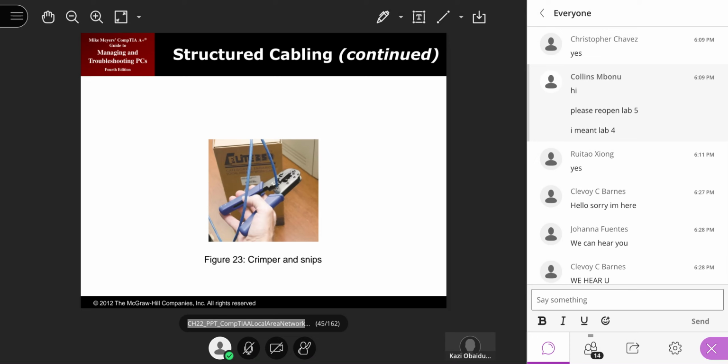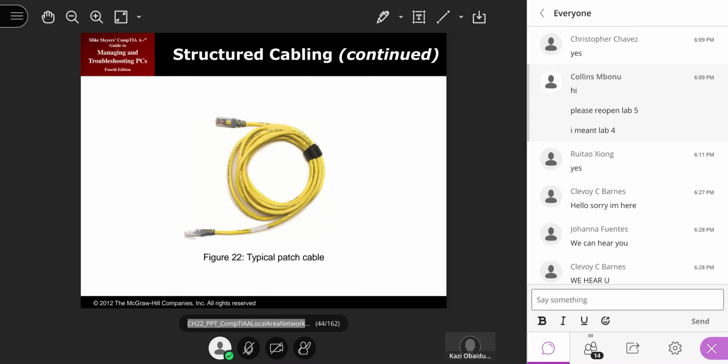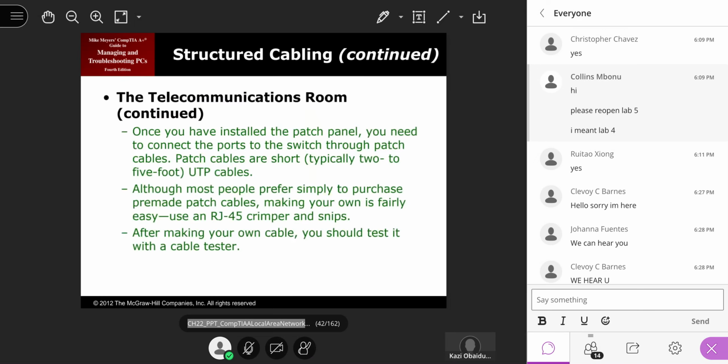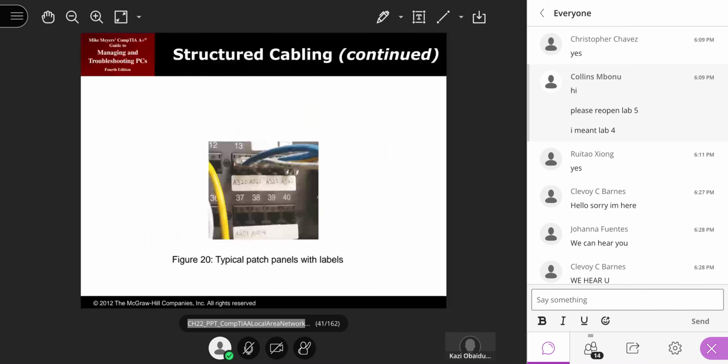These are the devices, crimper and snips. Through this, we can open the cable and place it on the panel. If you would like to place it here, then we have to open it. Before going to the connector, we have to do this. This all we can open, I'll separate it.